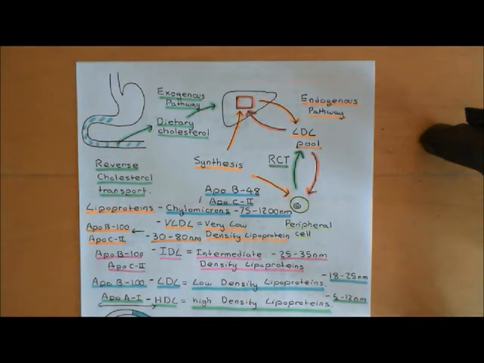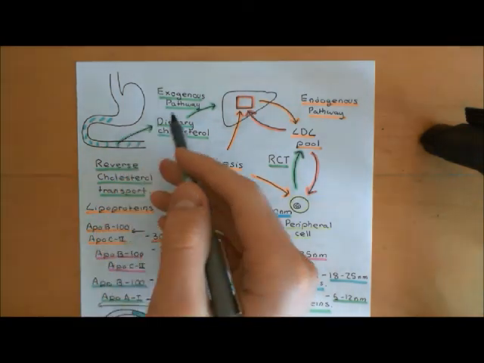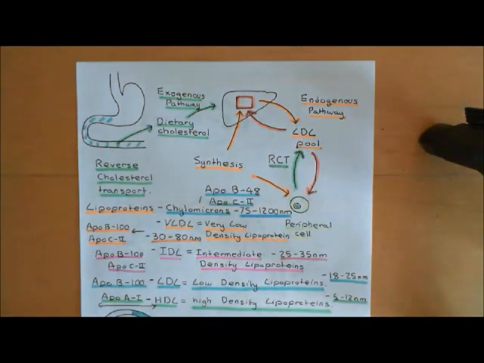What we now want to discuss is the final two pathways on this diagram, which are the exogenous pathway and the endogenous pathway. The exogenous pathway is the pathway by which dietary cholesterol can be delivered to the hepatocytes.